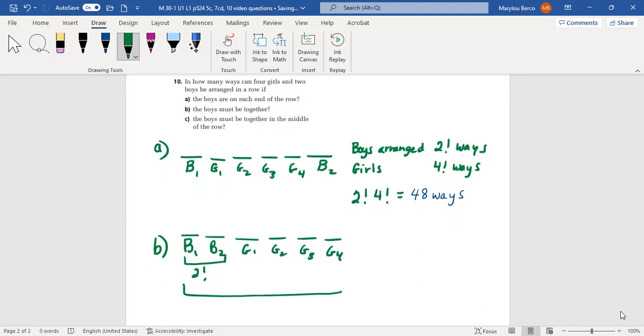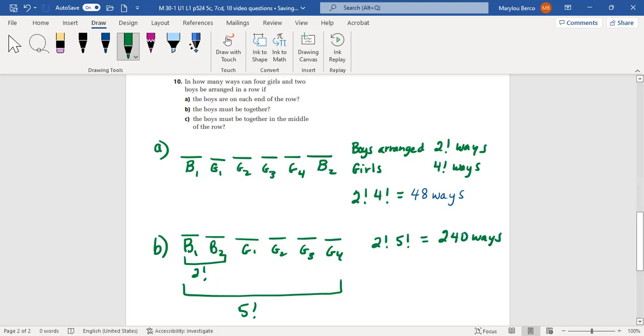So all of this is 5 factorial spots, because the boys can move around anywhere, but they have to be together. They can be switched around, but they have to be together. So 1, 2, 3, 4, 5. So the number of arrangements is 2 factorial times 5 factorial, which turns out to be 240 ways.